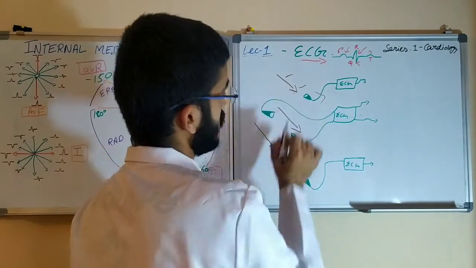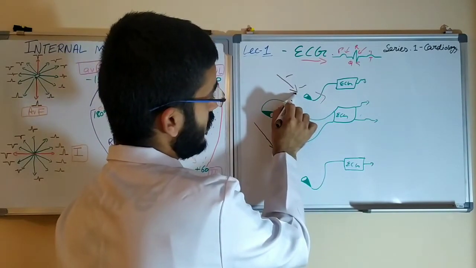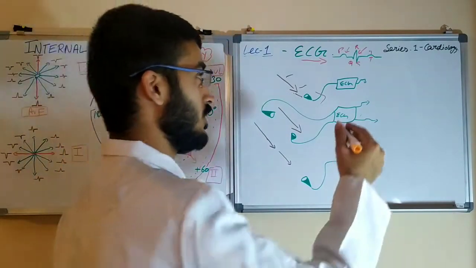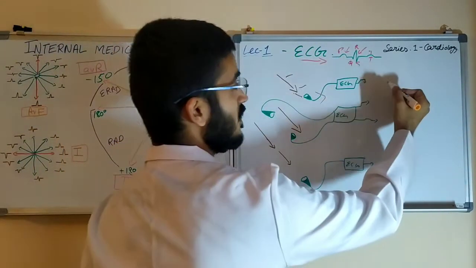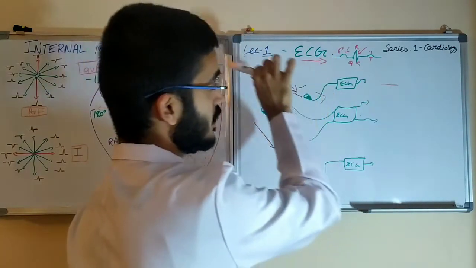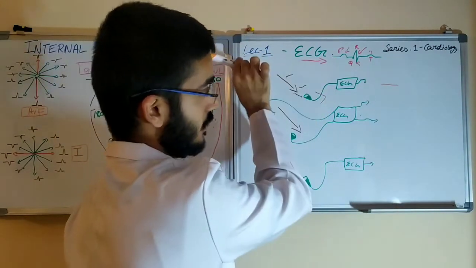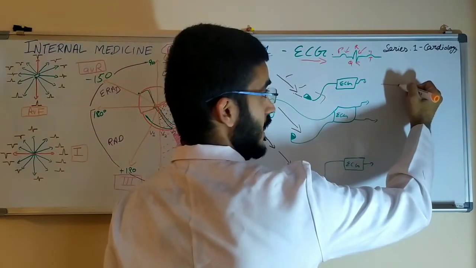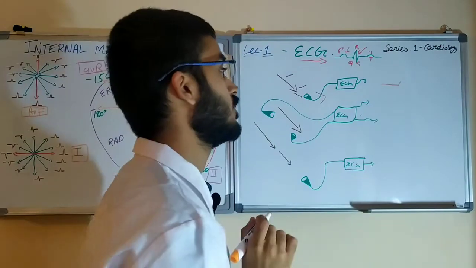So here is the direction of the vector towards the lead. By the ECG machine, it is going to be presented as follows: because it is moving directly towards the lead, it is going to be presented as an upward moving line.